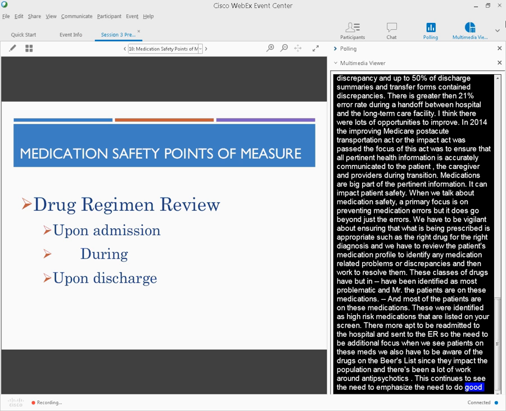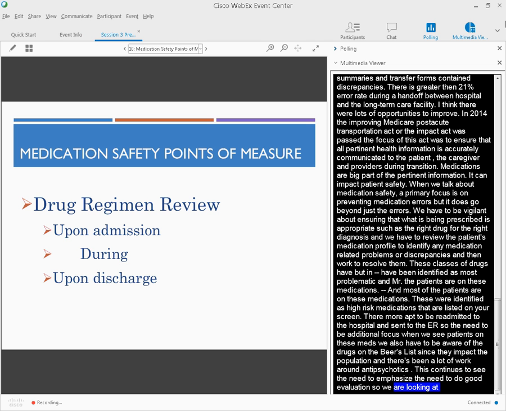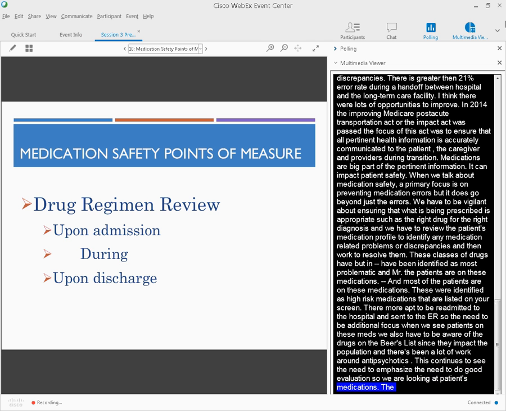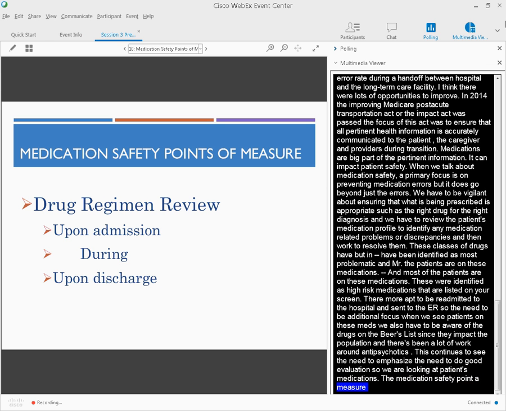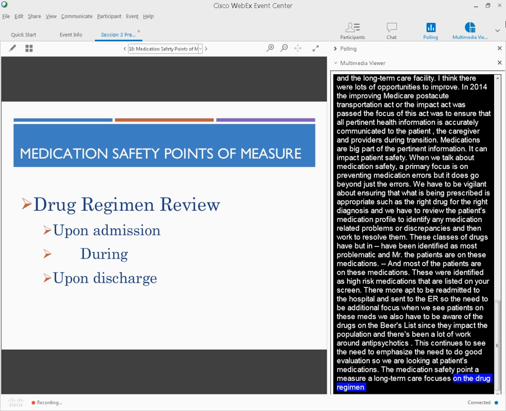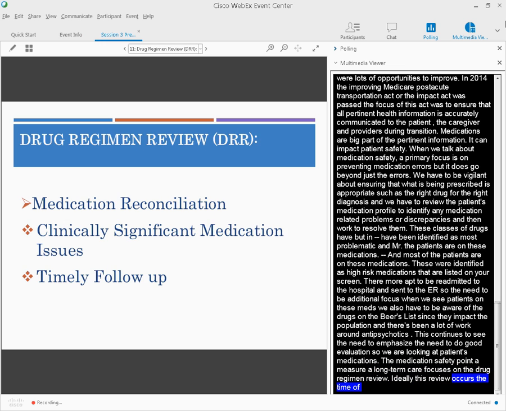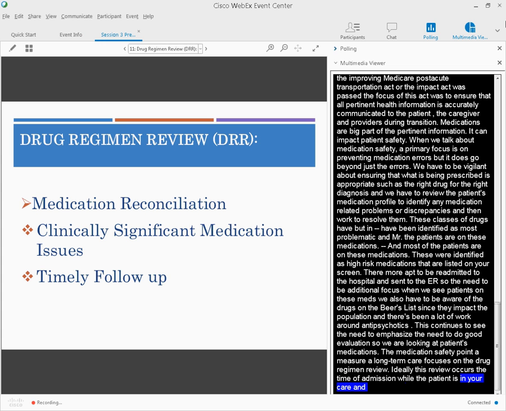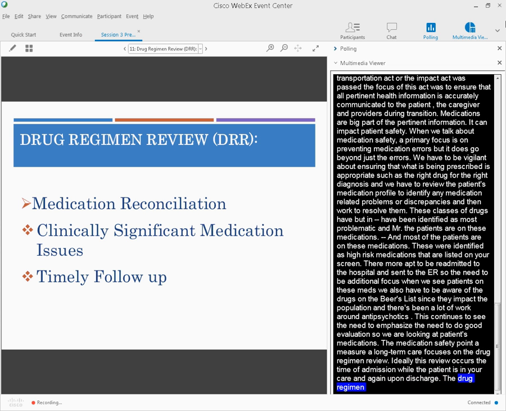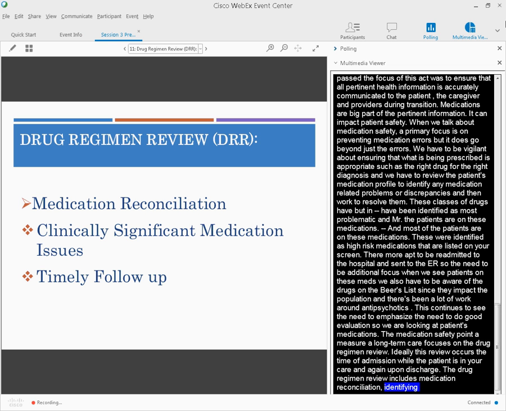The medication safety plan and measure in long-term care study focuses on the drug regimen review. Ideally, this review occurs upon admission, while the patient is in your care, and again upon discharge. The drug regimen review includes medication reconciliation, identifying and addressing clinically significant medication issues, and then following up on these issues.